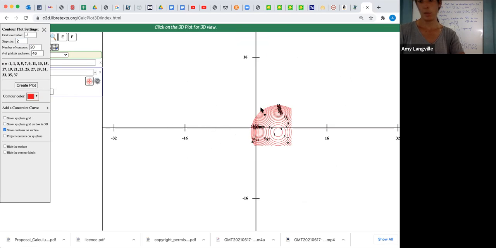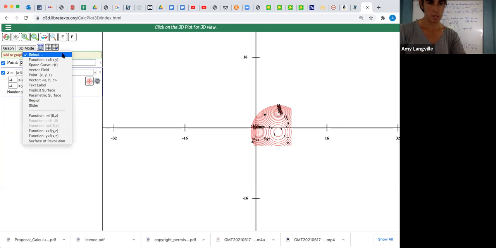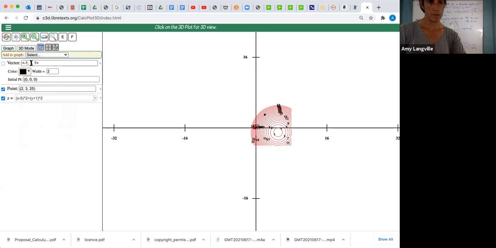And I just need to change my domain, but it makes sense. These are the slices coming through. Here's the point. If you actually plotted the vector, which you can do a vector here, plot a vector from the point 2, 3, 25 in the direction.